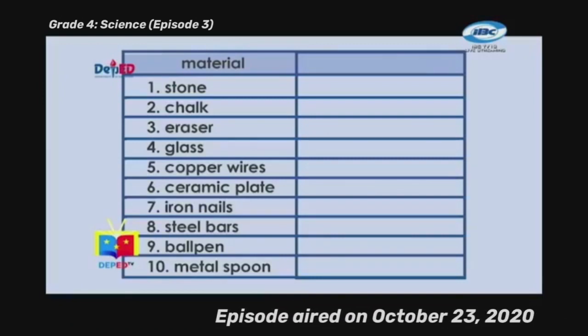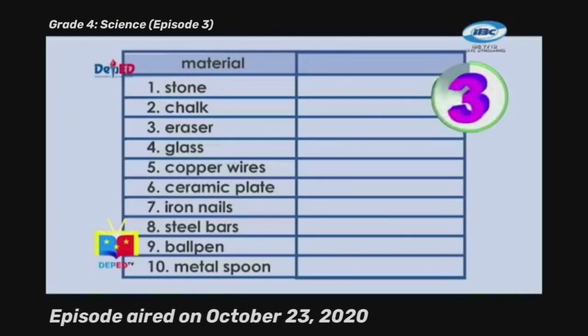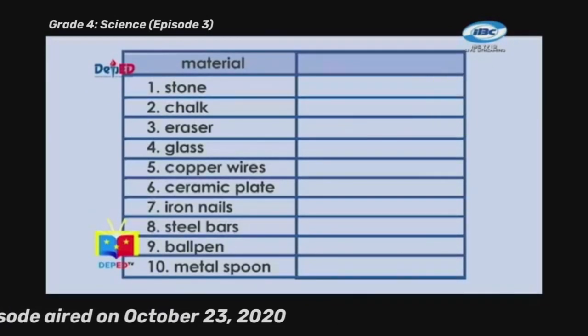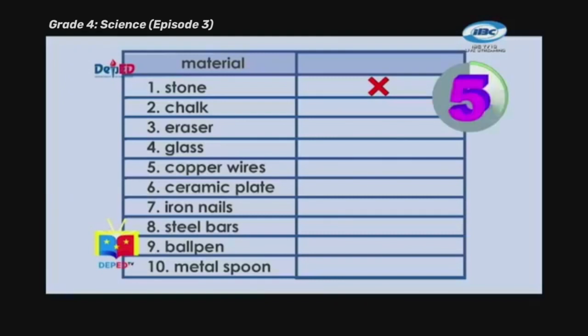Our first material is a stone. A stone cannot be bent. Our second material is a chalk. A chalk cannot be bent.